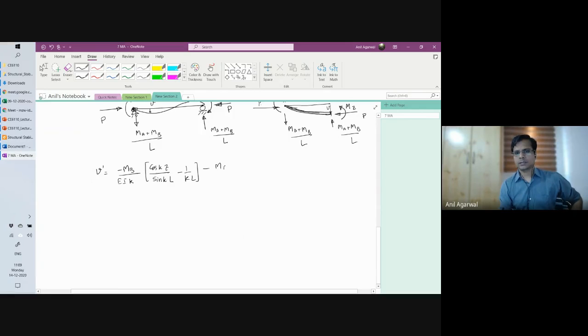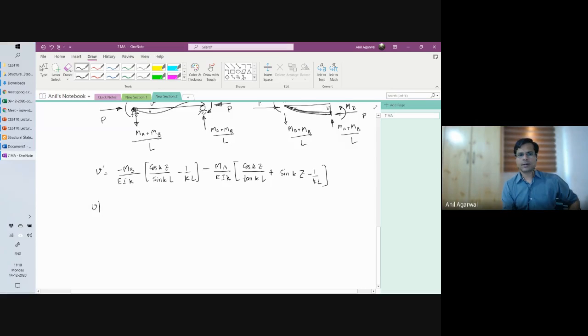Likewise, minus MA divided by EI times k, times cos kz divided by tan kl plus sine kz minus 1 by kl. Okay. So this is my V prime value everywhere.